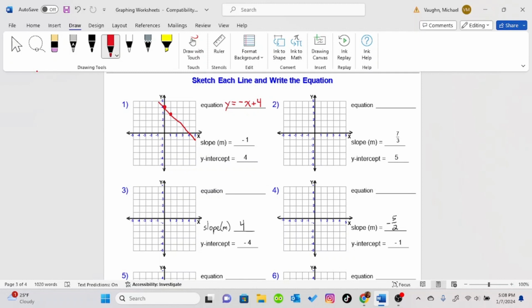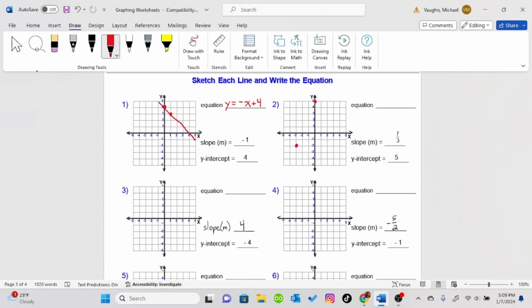Number 2. We know the y-intercept is 5. That means go up to 5 and put our y-intercept. Now our slope is 7/3. That means go up 7 and right 3. But we run out of graph. So we can also do the opposite. We can go down 7 and left 3 to put our second point.